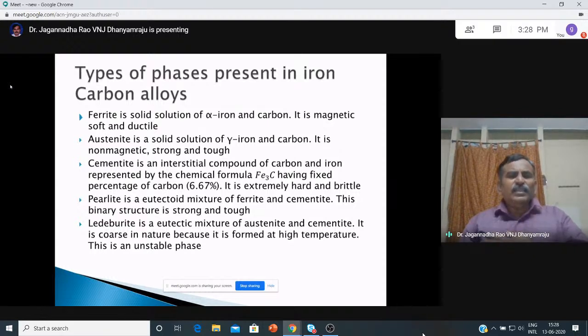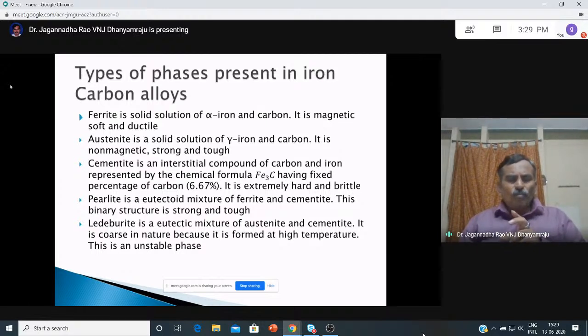And of course there is another phase that is called ledeburite, and this does not have greater significance. Ledeburite is a eutectic mixture of austenite and cementite. As you know, this eutectic reaction is occurring roughly about 1150 degrees centigrade, that is a relatively high temperature.